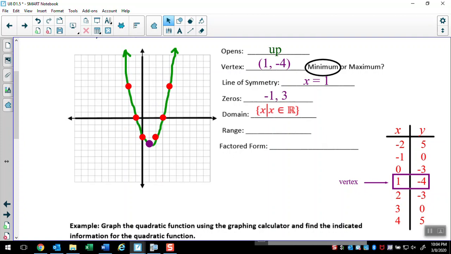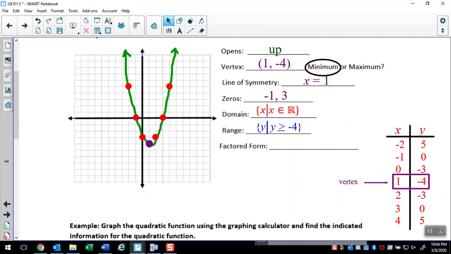My range is a minimum. So if we think back to the first page, if it's a minimum, all my y values on this parabola are going to be greater than my lowest y value, which is this guy right here. Okay, so my lowest y value is -4. So all my other y values have to be greater than or equal to -4.